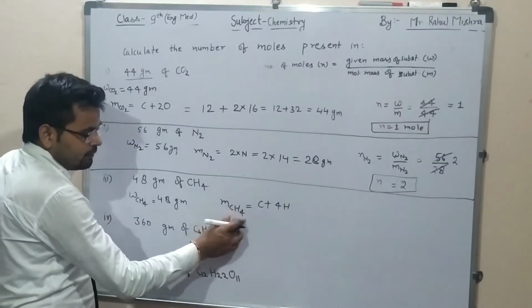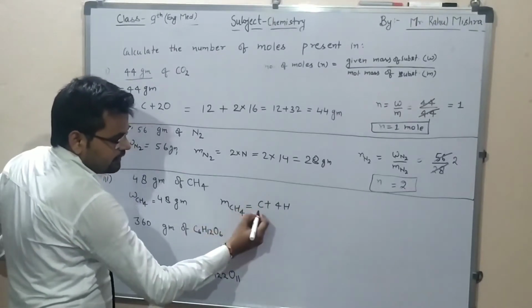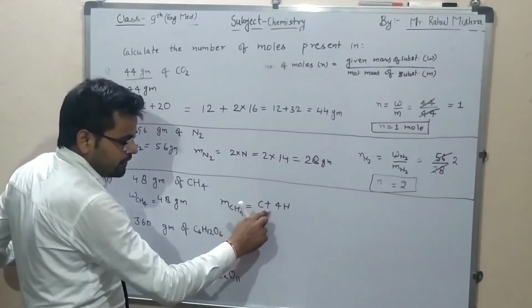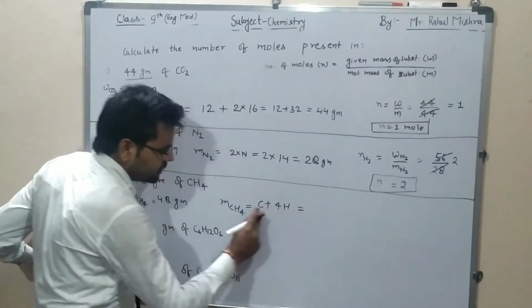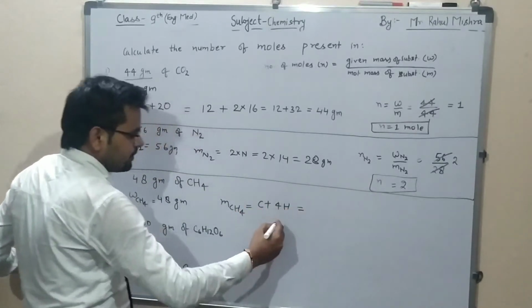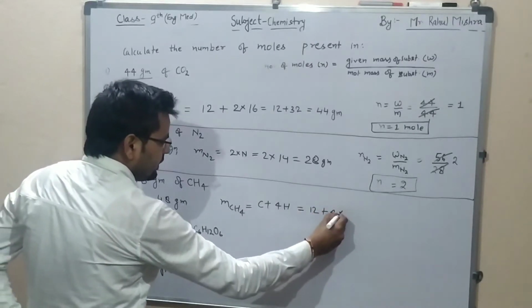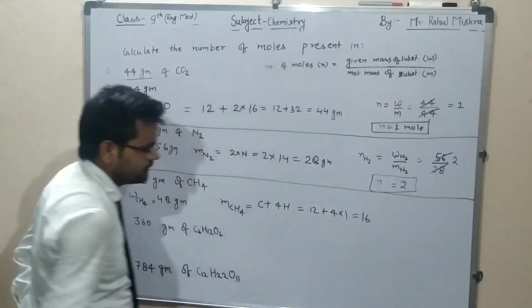So 1 carbon and 4 hydrogen here. Molecular mass of CH4 is atomic mass of carbon, 12, plus 4 into atomic mass of hydrogen, 1, so it will be equal to 16.